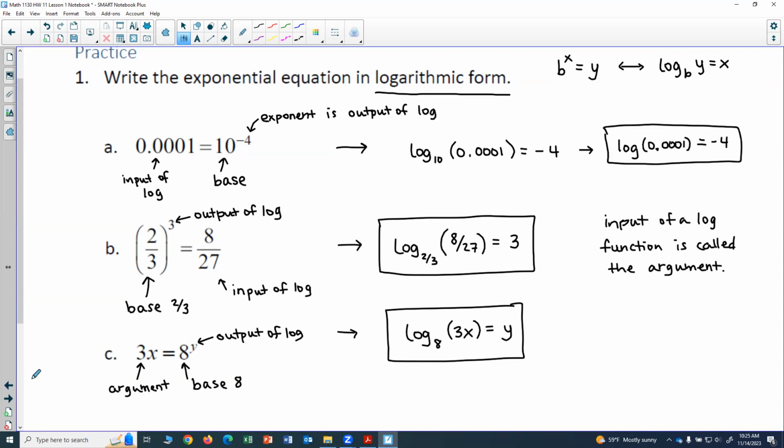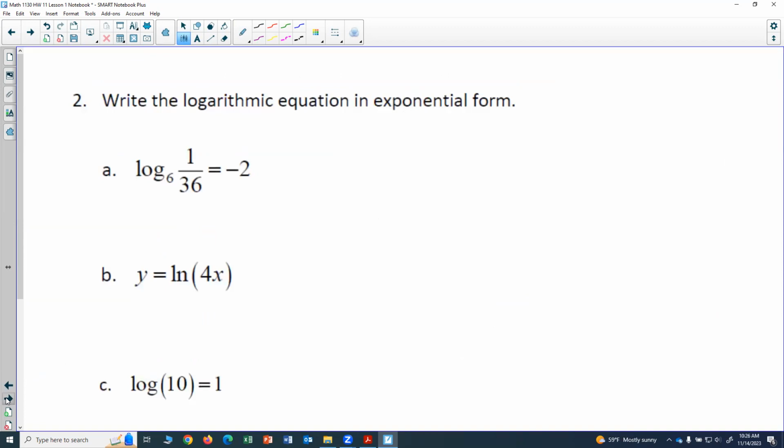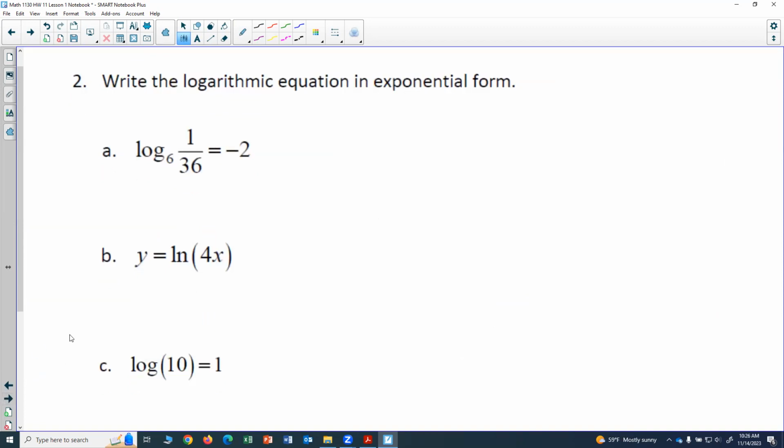All right, now let's go the other way. Given the logarithmic form, let's write the exponential form. We have 3 examples again, and I'm going to write our basic rule up here.